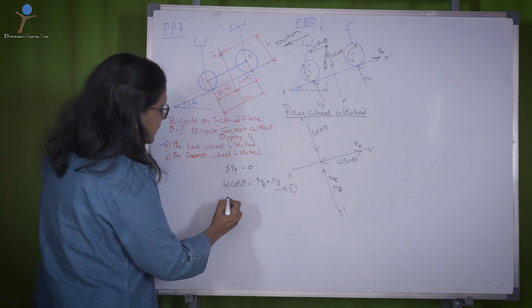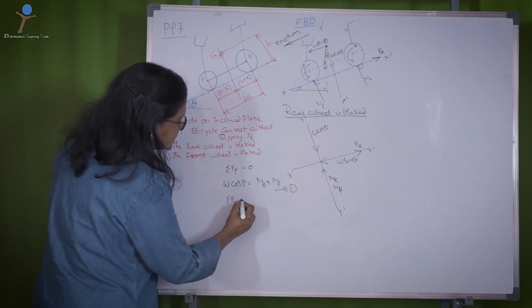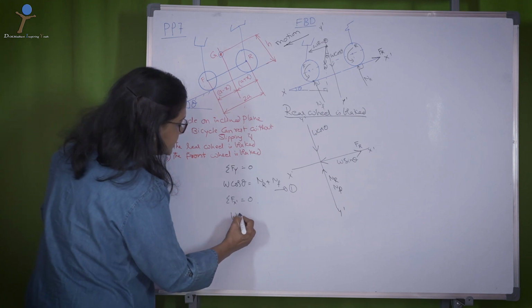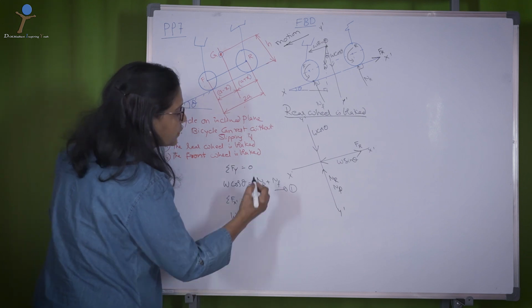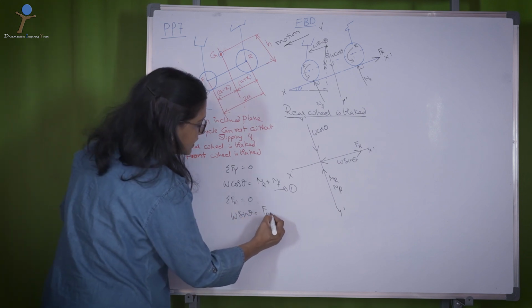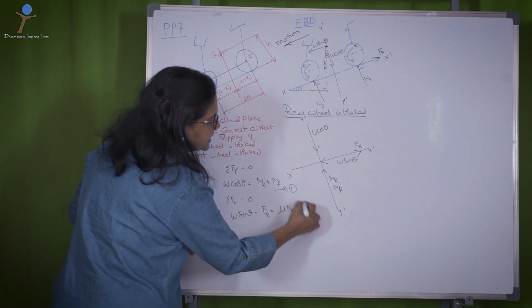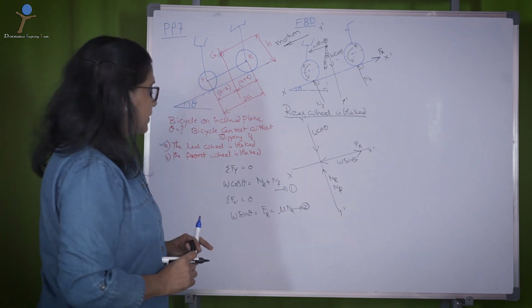Then sigma Fx dash equal to 0: w sin theta equals Fr, which is equal to mu into NR. Let me call it equation number 2.